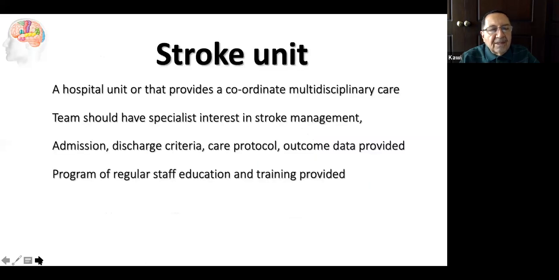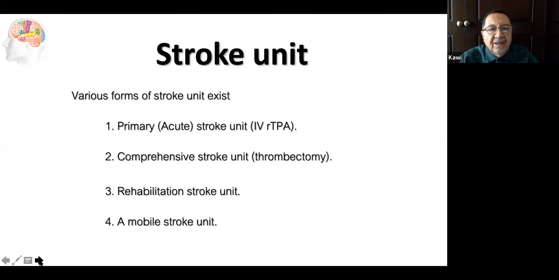hours. And usually there is a stroke unit in hospitals where they are treated similar to the CCU. This is a brain CCU. There are various forms of stroke unit depending on the size of the hospital. There is the primary or acute stroke unit, which is supposed to be in the peripheral hospitals.